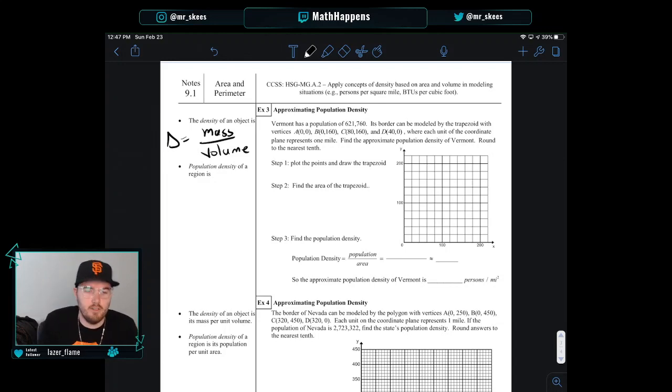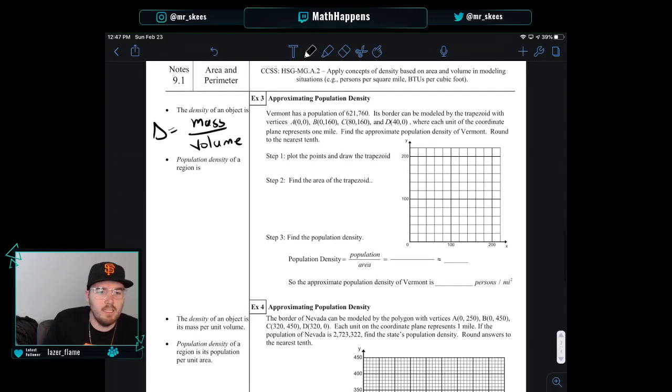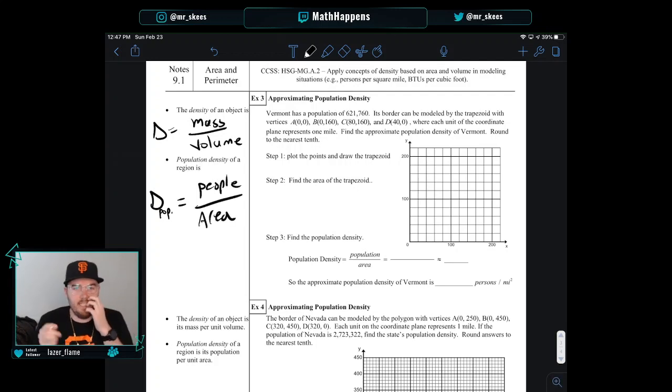Let me get the equation down. So population density is people, so density, that's population. Population density is equal to people per area of the state.